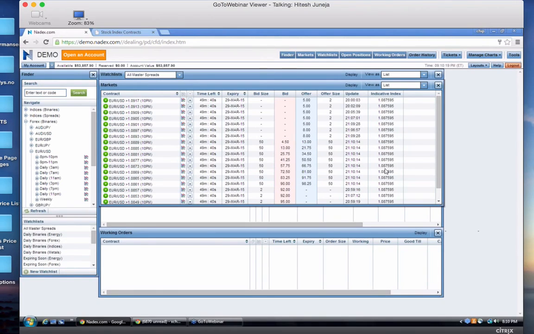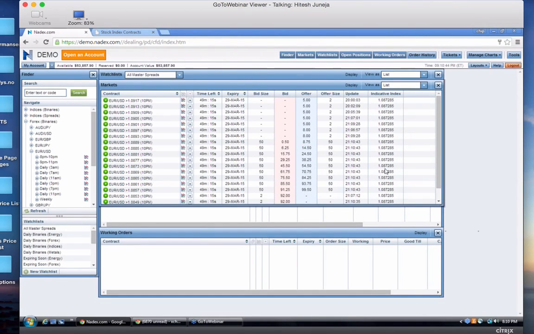Let's say it's 80%. So if you trade with $100, if you are right, you said $100 that Euro USD is going to go up. It's going to be above the current price in an hour. You will get $80 on that particular, or an 80% payout, no matter which side you chose. It's slightly different here. Okay, the difference with Nadex is that the value of each contract is always going to be $100.